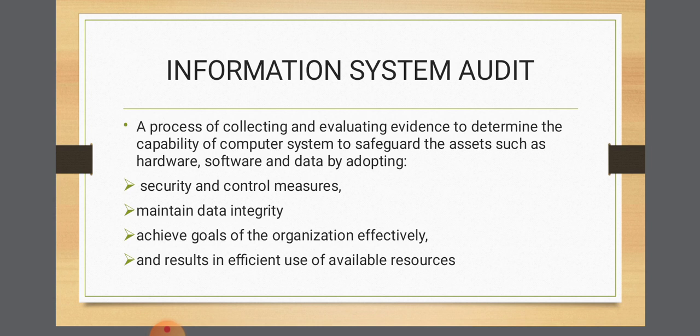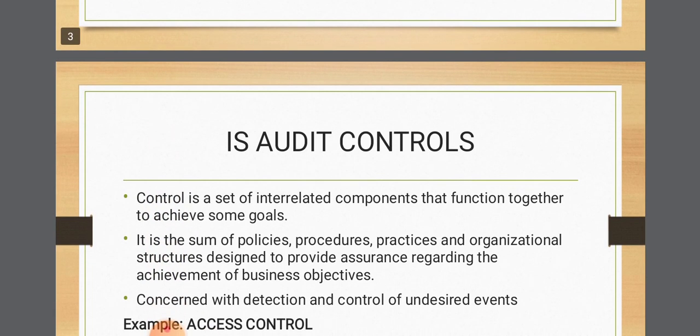It is done by adopting certain measures like security and control measures, maintaining data integrity, and achieving goals of the organization effectively, because information system is used not in one or two activities but in all the activities of banks. So we need to understand whether it is able to achieve the goals of the organization effectively or not, and finally resulting in efficient use of available resources.